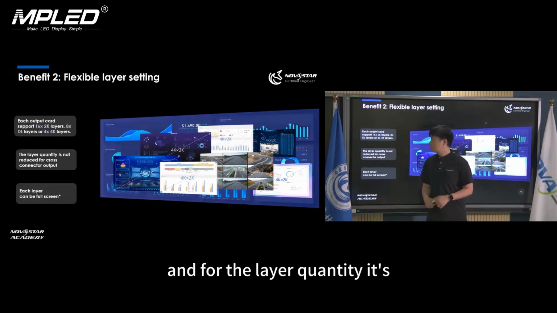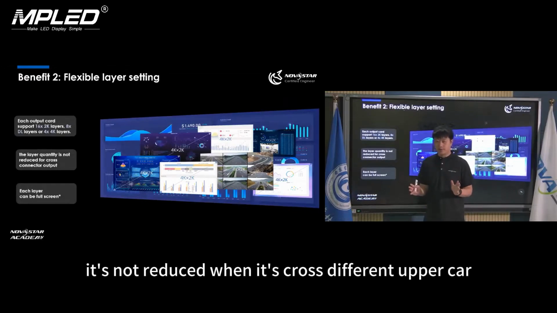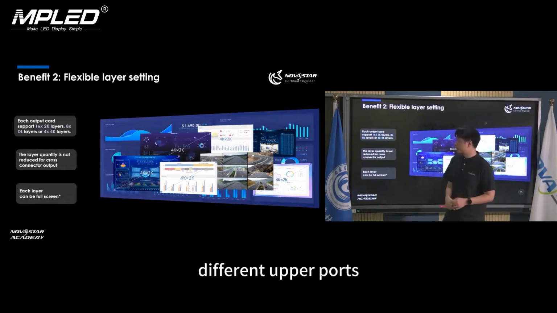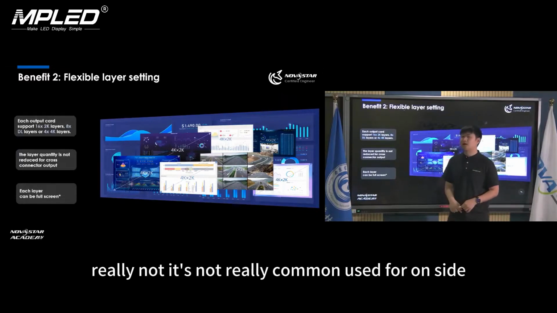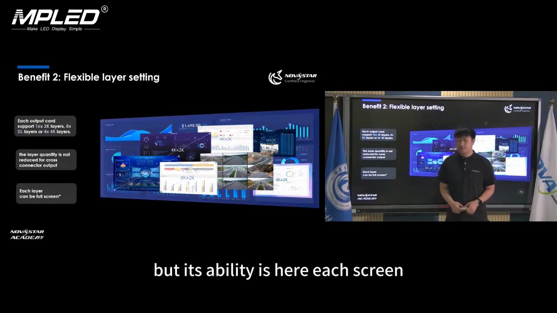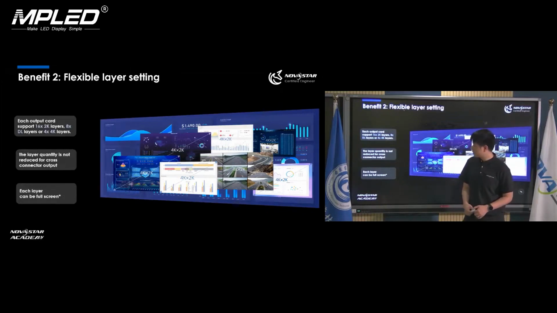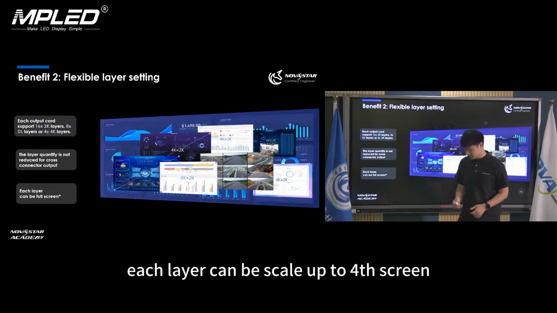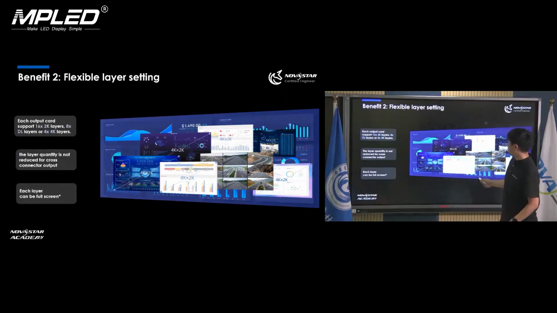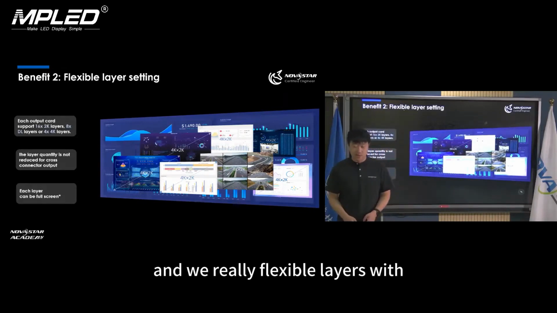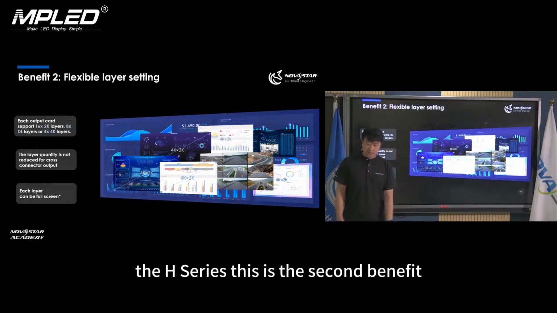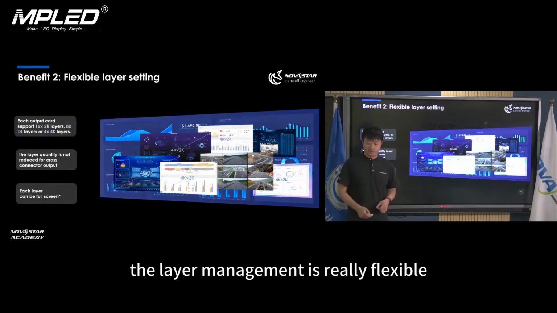And the layer quantity is not reduced when it crosses different output ports. And every layer can be scaled up to full screen, which is not really common to use on-site, but the ability is here. So for the layer editing, we can do multiple layers, and the layer management is really flexible with the H series. This is the second benefit.